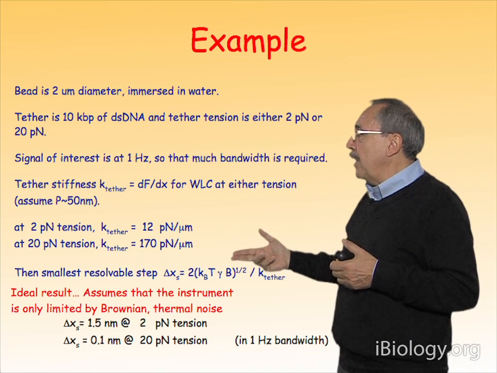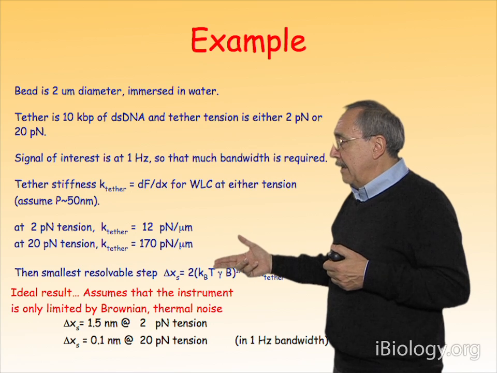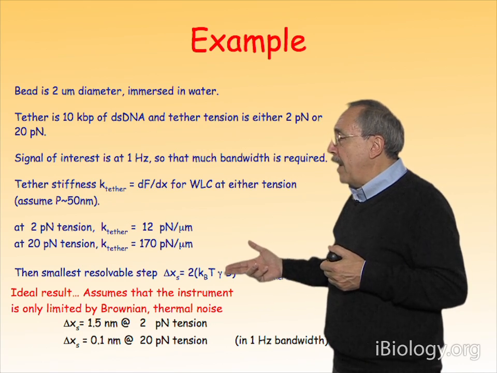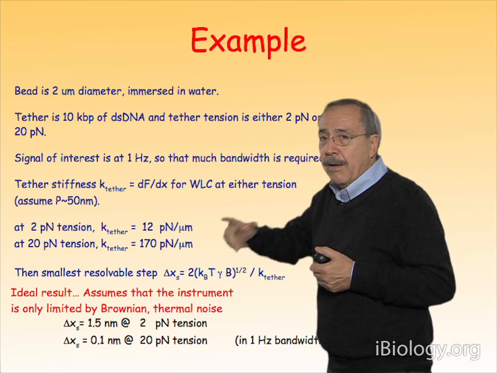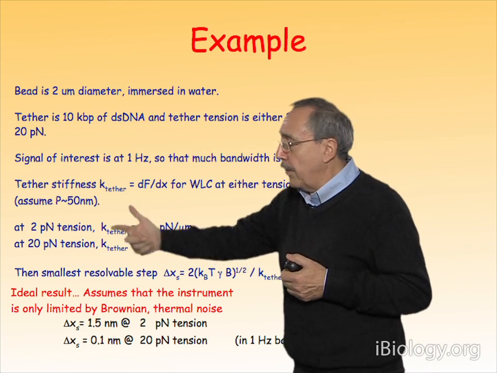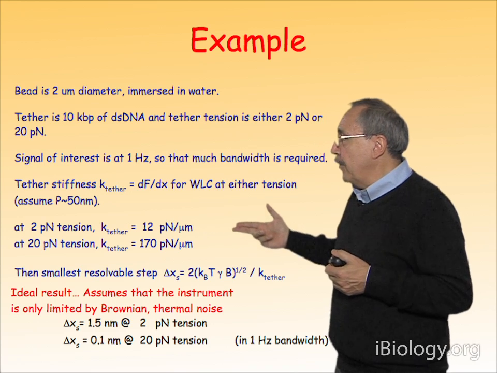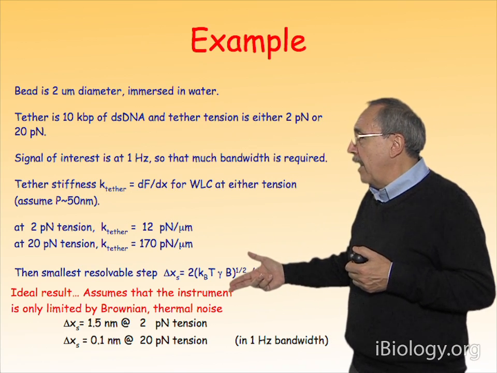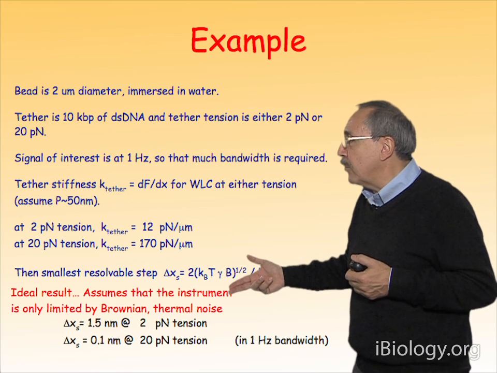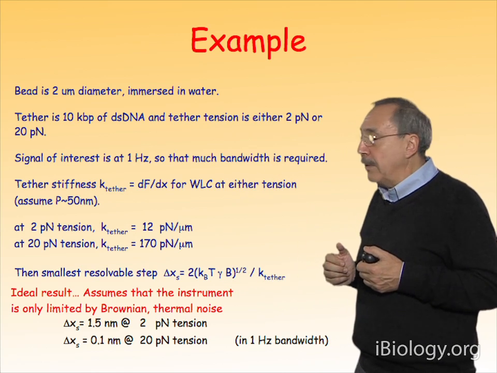At 2 piconewtons of tension, you should be able to resolve a displacement of about 1.5 nanometers with a bandwidth of 1 Hertz, occurring every second. But if you work now at 20 piconewtons, you can do the calculation again, and what you obtain is that you are able to resolve essentially 1 Angstrom at that 1 Hertz of bandwidth.